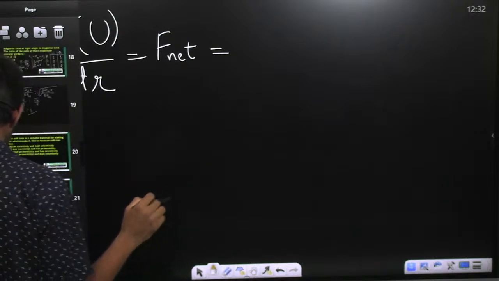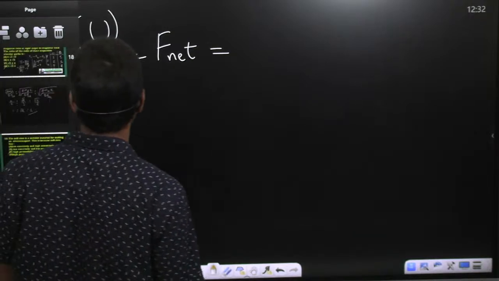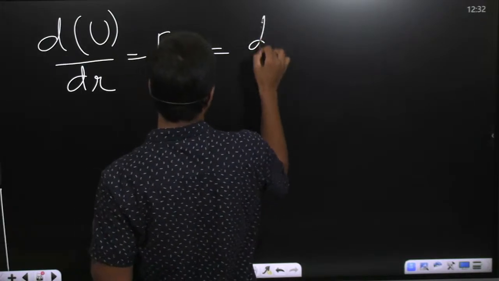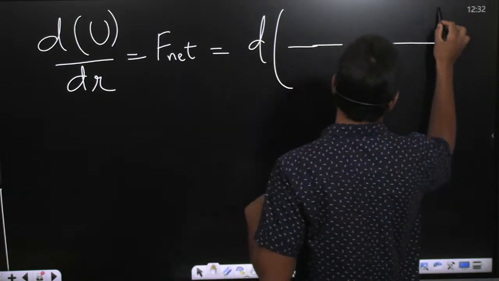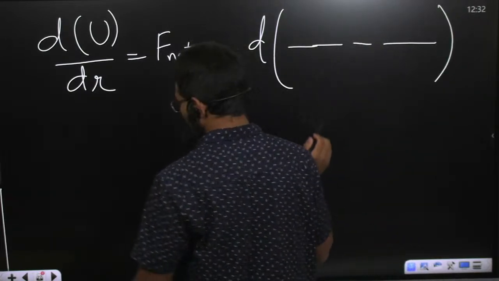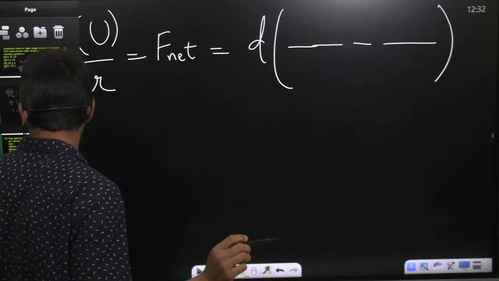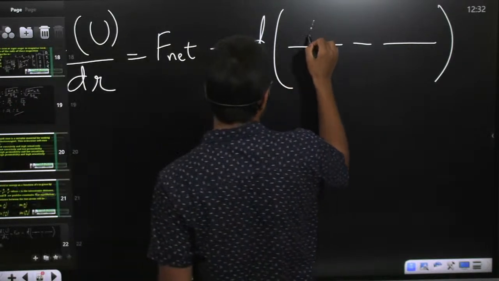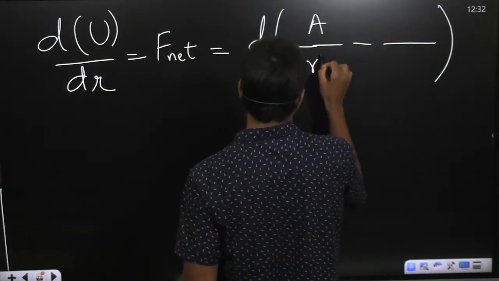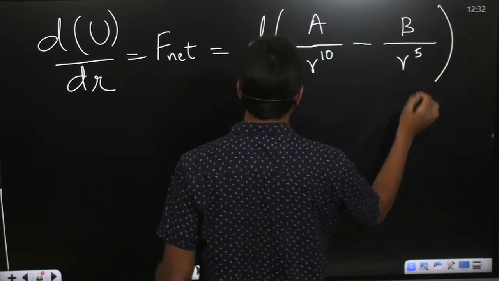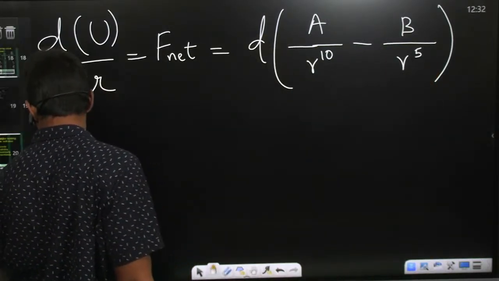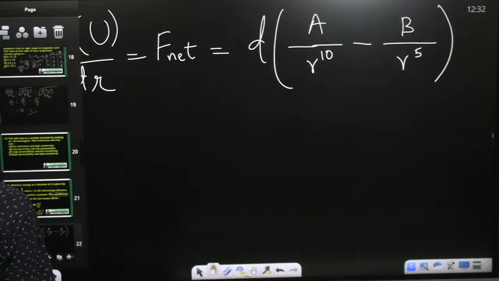So it is nothing but the derivative of A by R power 10 minus B by R power 5.